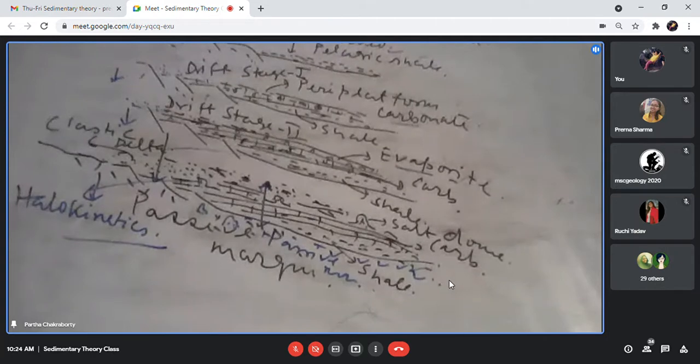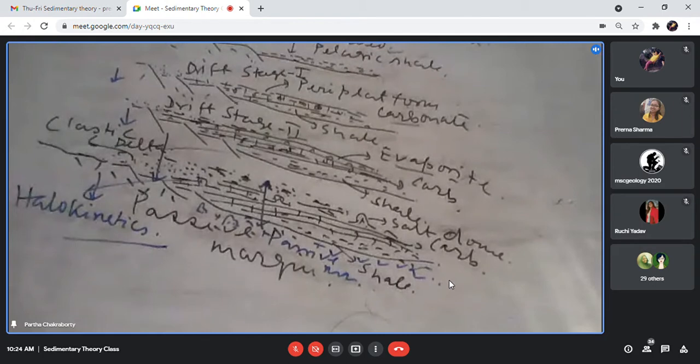So this is the discussion up to the extensional margin. Now we will go to the compressional margin.